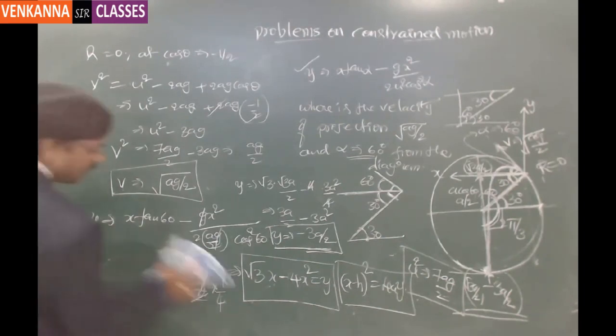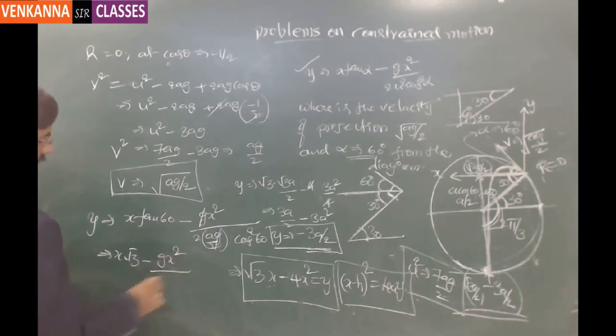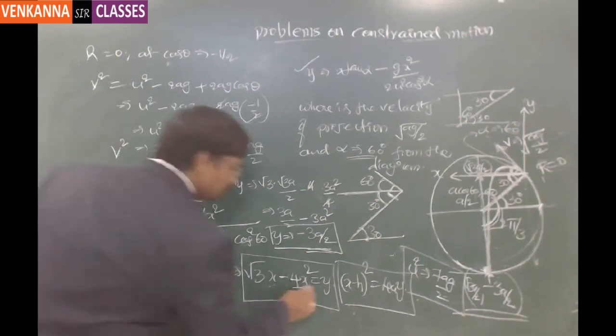So this equation I will write clearly: x into root 3 minus gx square divided by 2 times u square, where u square is ag by 2, and then cos square 60. Cos square 60 I can write as 1 by 4. Now this 2 will cancel out, and then g will cancel out. Yeah, it's correct.